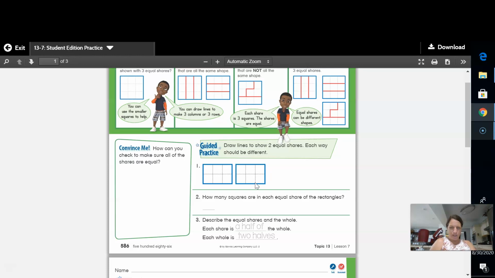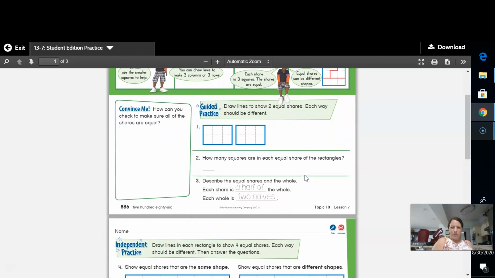Did you do that? Then you will have 1, 2, 3 on this side, and 1, 2, 3 on that side. They're still equal, it's just a different shape. How many squares are in each equal share of the rectangles that we just worked on? 3, right? We have 3 small squares in each equal share.